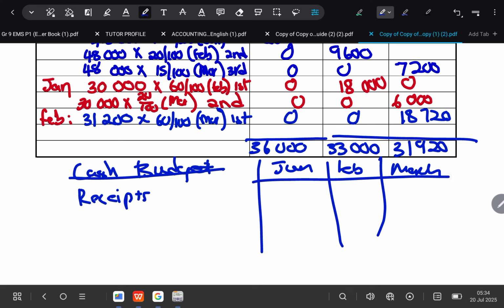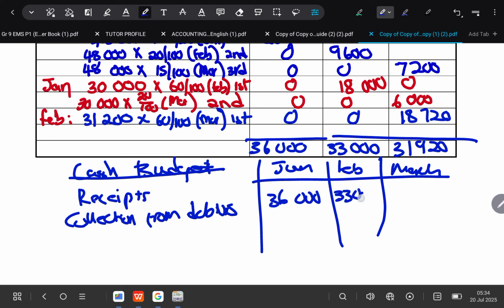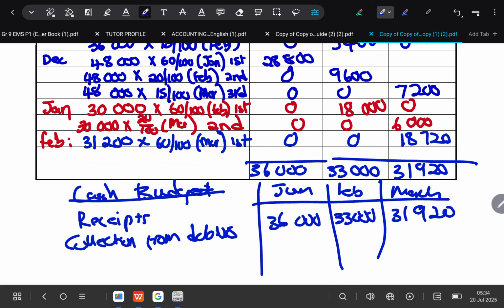So this is how it will be. Your collection from debtors is going to be 36,000. You move to 33,000, and then you would have 31,920. So this is how, guys, you'll be expected to show it in the cash budget.